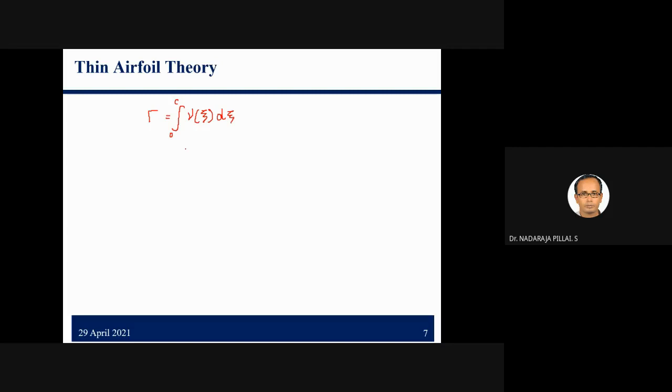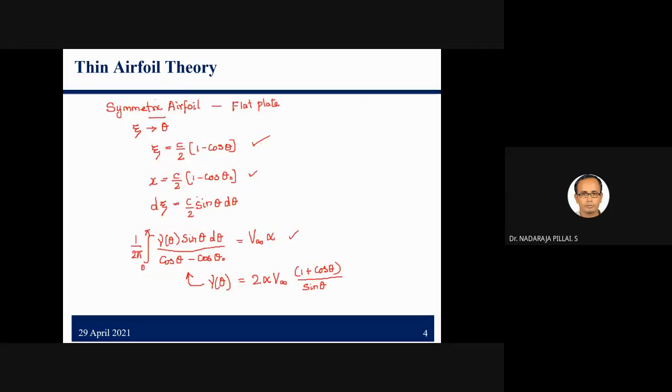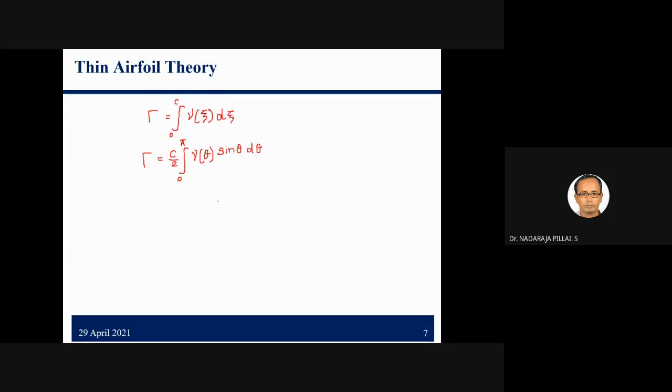So we already have enough information, and the equation can be transformed to theta variable, and then we can say gamma is equal to c by 2 integral 0 to pi gamma of theta into sin theta d theta. We already know that d zeta equals c by 2 sin theta d theta.